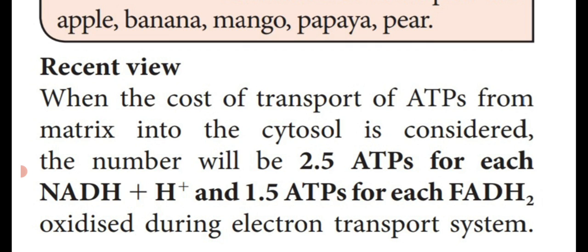But according to the new view, they are producing only 2.5 ATP molecules. Likewise, FAD produced 2 molecules in the old view we already studied, but in the recent view, they say it produces only 1.5 molecules of ATP. So the recent view of formation of ATP from coenzymes NAD and FAD during the electron transport system is another important 1 mark and 2 mark question.